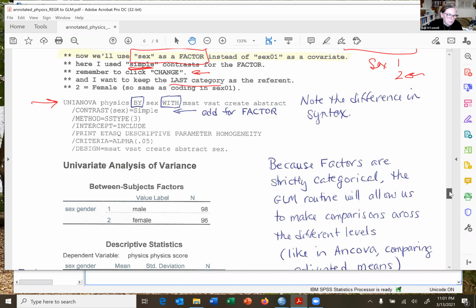And we defined the reference group as females. That was the last category, the one coded with the value 2. So when I say this, note the difference in syntax, I'm referring to the difference from the GLM model that we ran above.